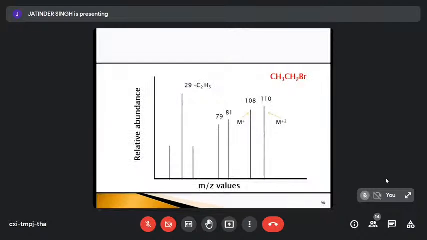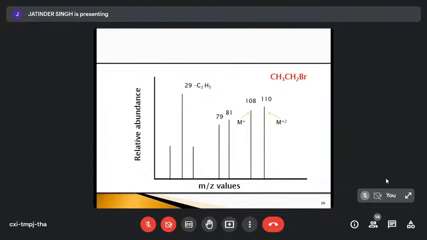There is, like, ethyl bromide, and depending on its molecular mass, m by z values, you can see if it is producing an M positive ion or M+2 positive ion.